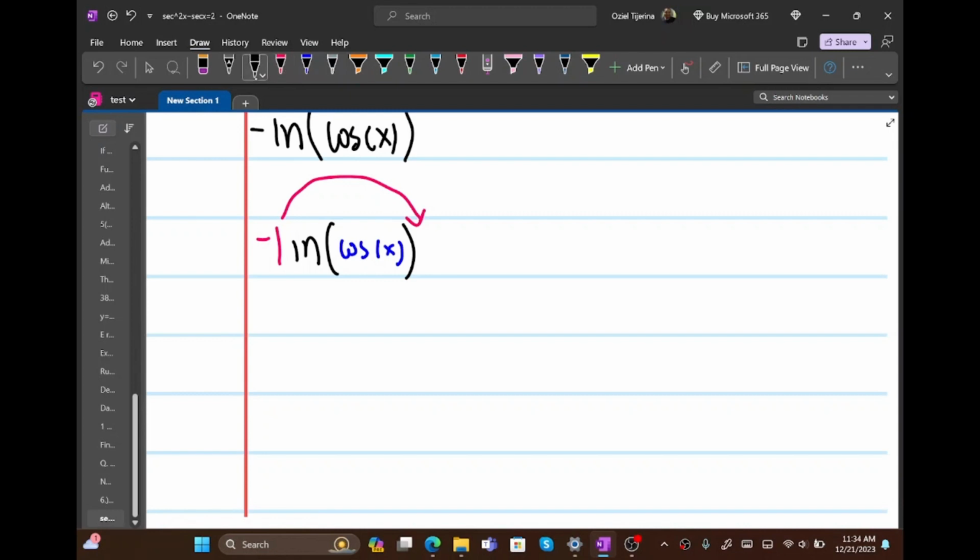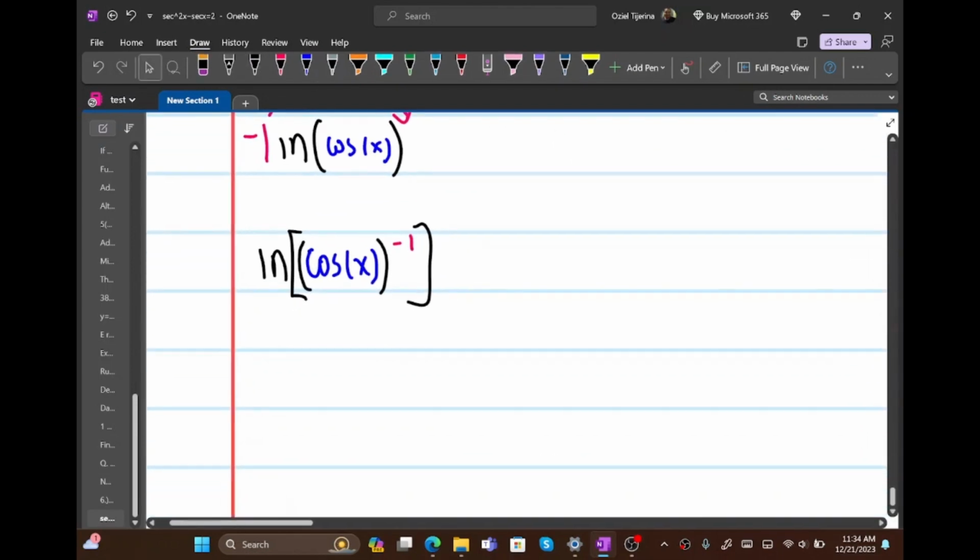So I'm going to say that this is the natural log of, and what I'm going to do, I'm going to put some brackets, and I'm going to say that this is cosine of x, and it's actually going to be raised to the -1 power. Because again, we're moving that -1 to that exponent there, as an exponent using power properties.